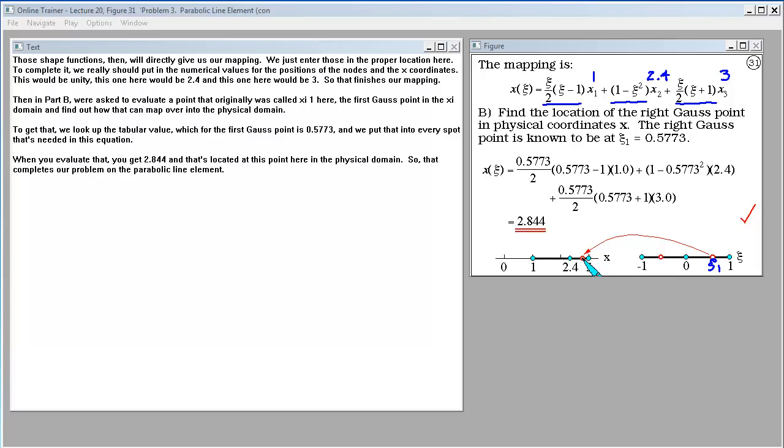To get that, we look up the tabular value, which for the first Gauss point is 0.5773, and we put that into every spot that's needed in this equation. When you evaluate that, you get 2.844, and that's located at this point here in the physical domain. So that completes our problem on the parabolic line element.